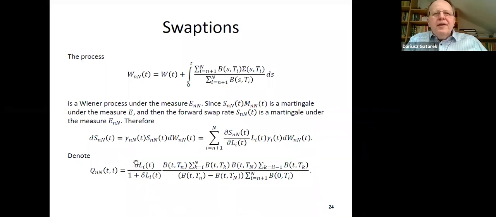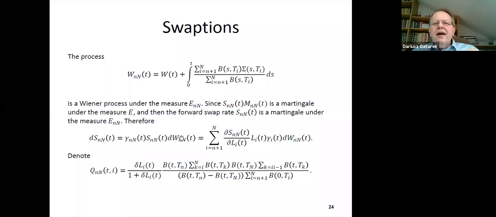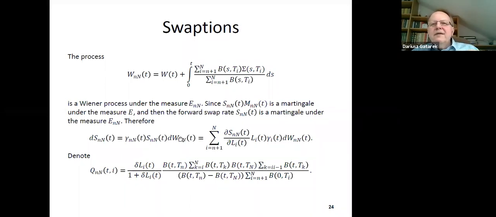But keep in mind, here it's not as perfect a situation as for the caplet, because gamma is no more deterministic. Yes? So that dynamics is all right, but we won't have the nice lognormal properties.